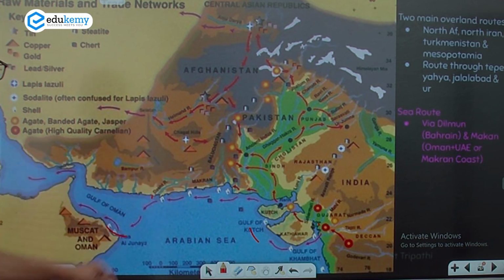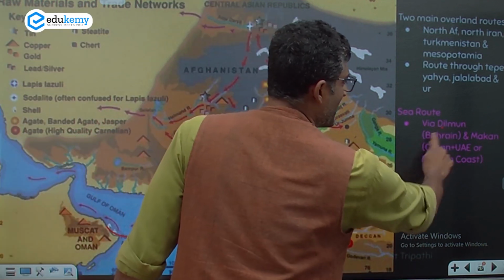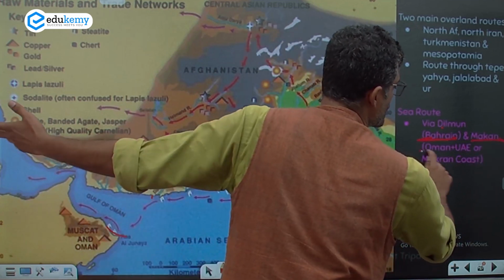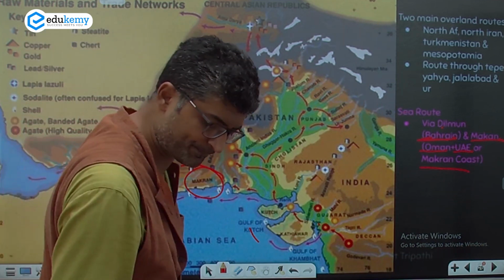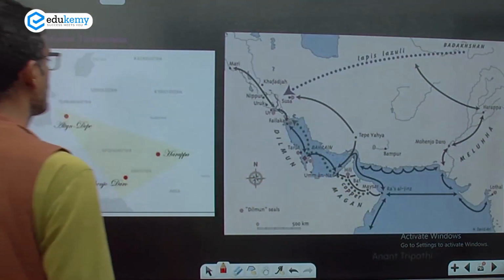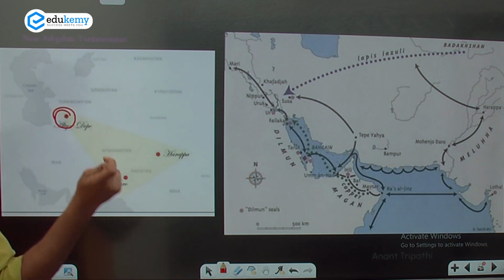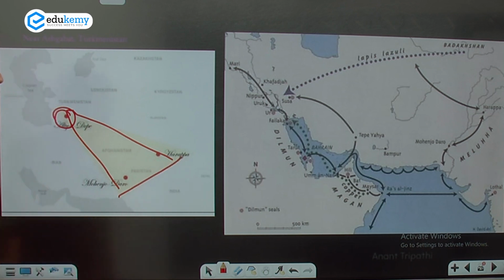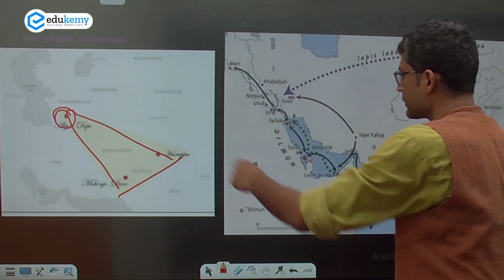This is Makaran. Dilmun is Bahrain. The Makkan region is probably modern-day Oman, UAE, or maybe this coast. This is Altyn Depe in Turkmenistan, which I was talking about. This was a very important triangle.